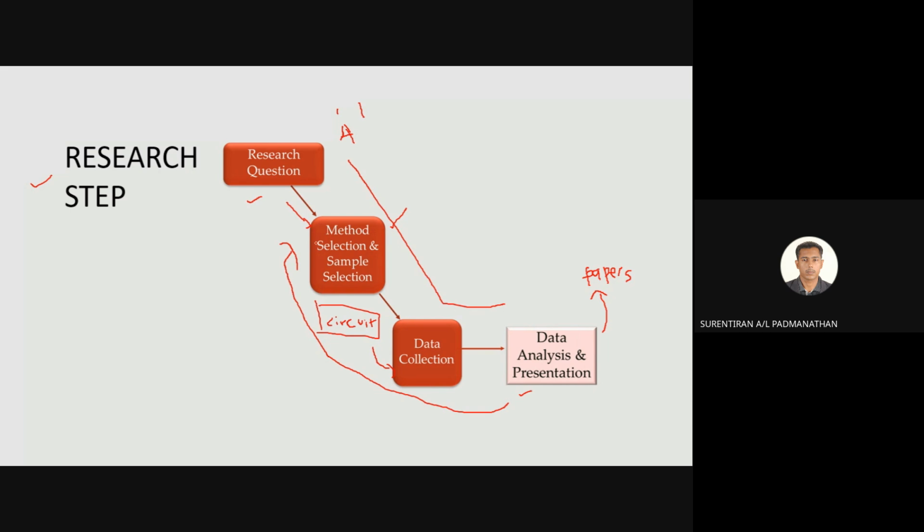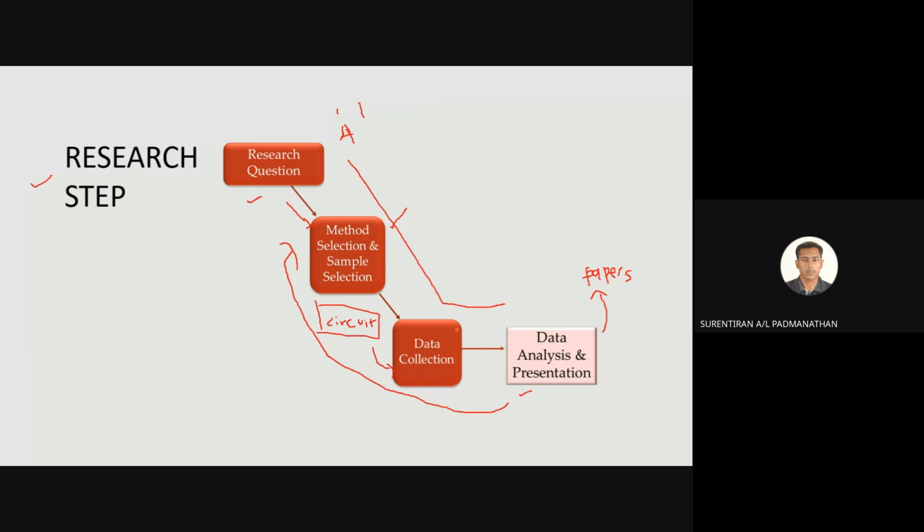For objective 2, this is the method you want to use. There might be different methods to achieve all your objectives. Once you finalize, you use that method to build your circuit or algorithm or anything, to do your simulations and everything.